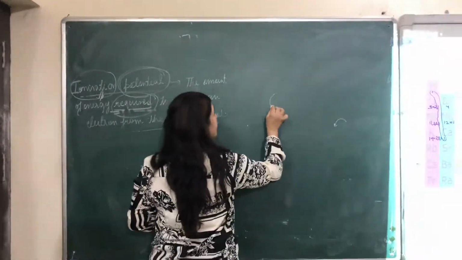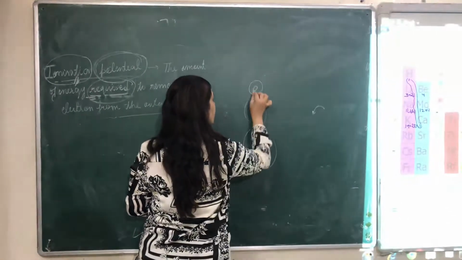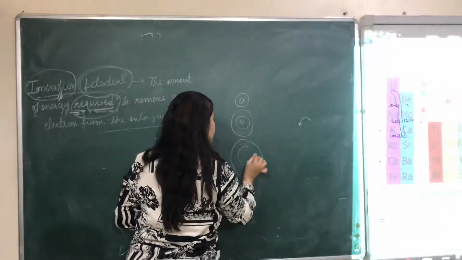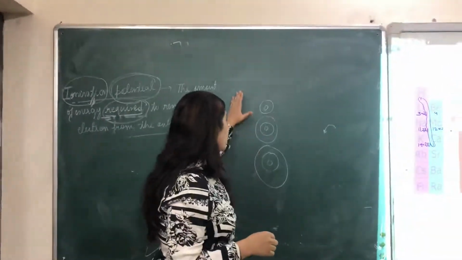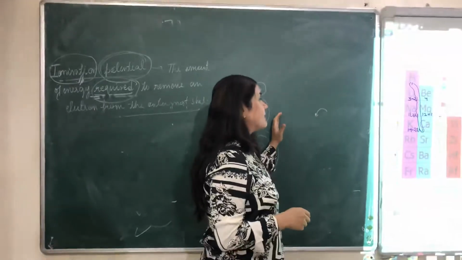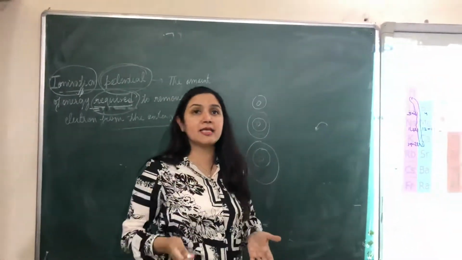I have told you, whenever in a group you move from up to down, there is always one shell increase. Okay? The shell is increased by 1. So when you move up to down, the shell is increased by 1, or indirectly you can say that the atomic radius is increasing.